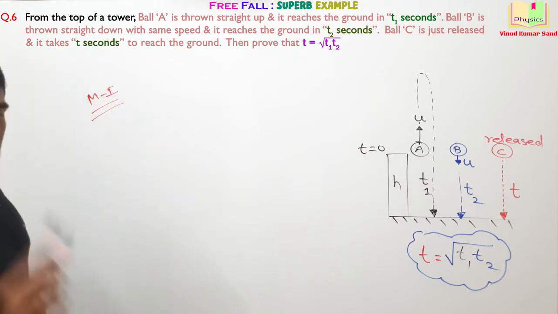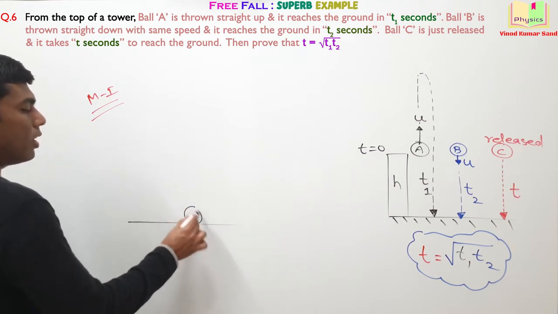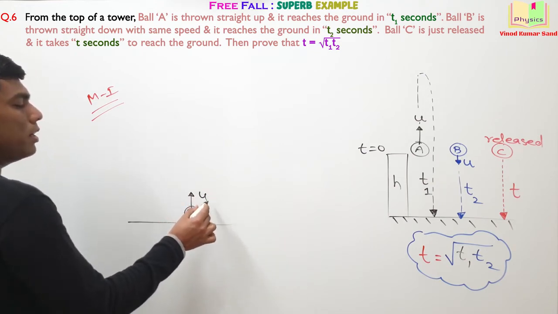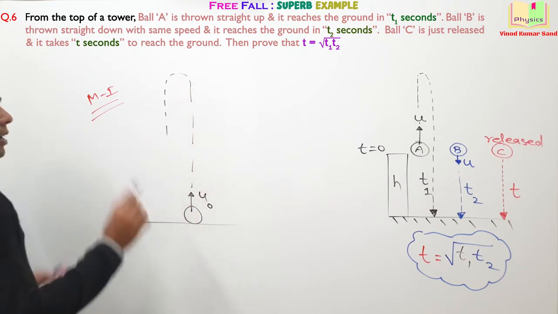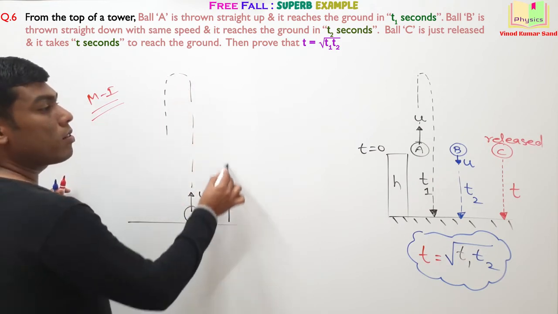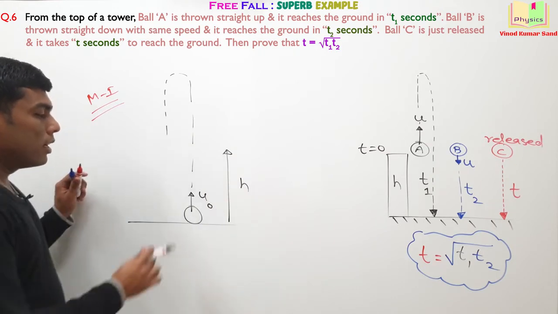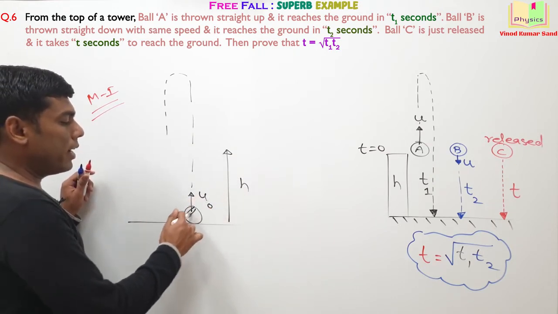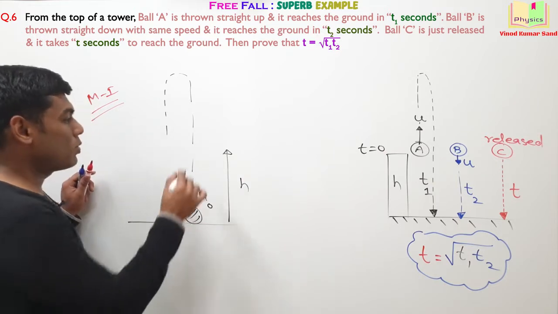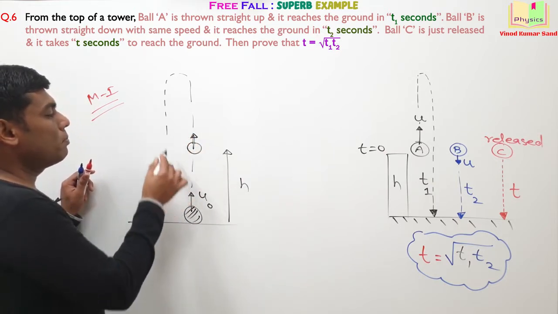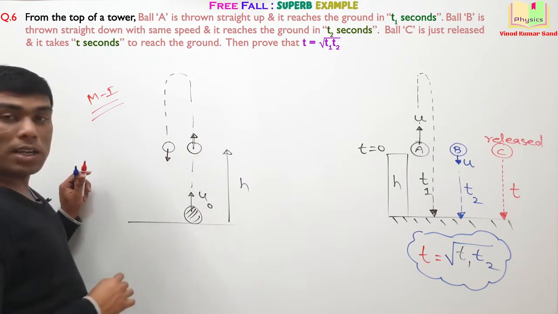We know one relation. Suppose a ball is thrown up with the speed u0. It goes up and then it falls back, and I take up a particular height, let's say h. This ball will be at a height h how many times during its journey? 2 times. Once while going up and the second while coming down.